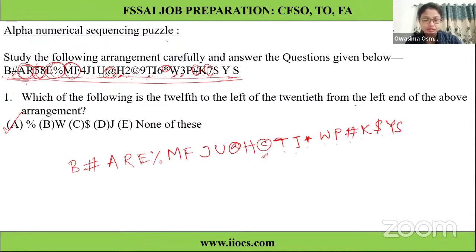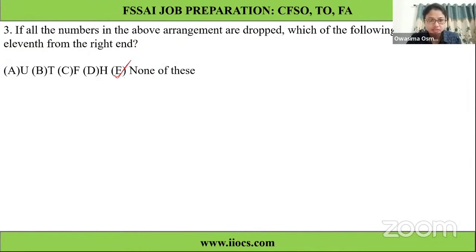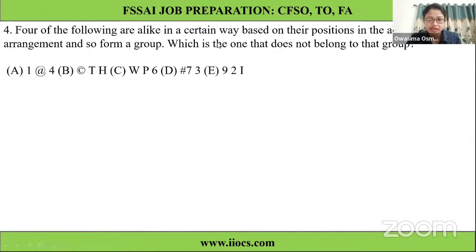Again, T I alike. And Y S are alike. And nothing is remaining. So the question is: four of the following are alike in a certain way based on their position in the above arrangement and form a group.